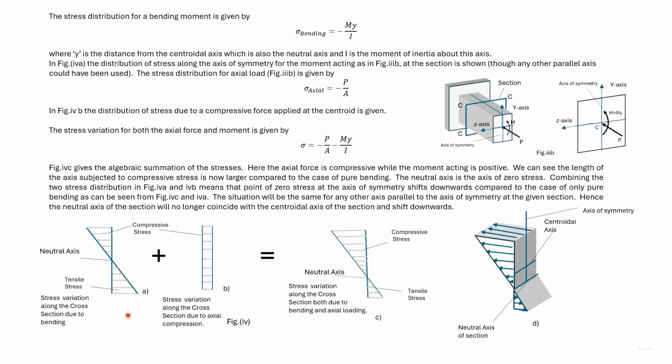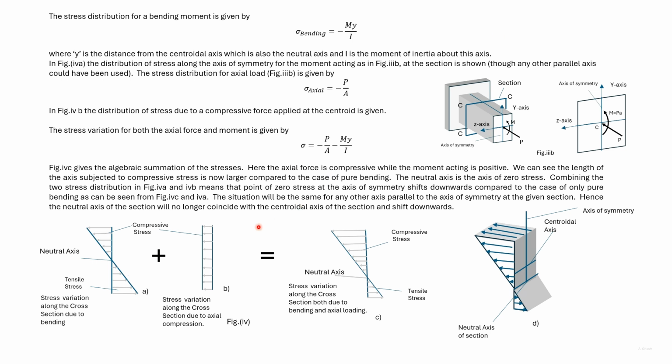We now look at the variation of stresses using stress diagrams, again on the same axis of symmetry. Because the moment applied was positive, the section CC, or the axis of symmetry on the section, would have compressive stresses on the top and tensile stresses on the bottom.